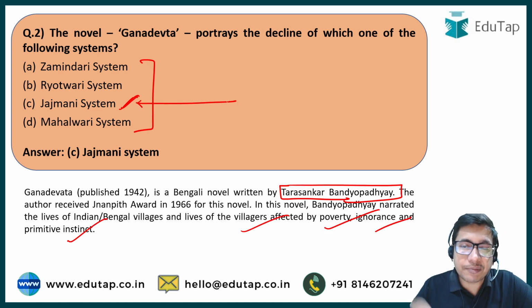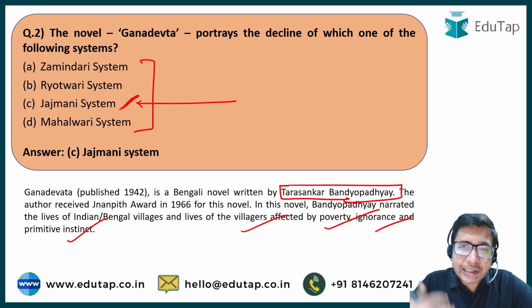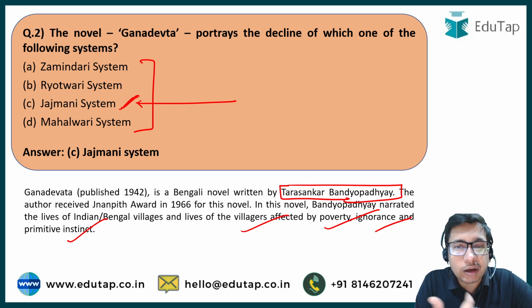What is the Jajmani system? In Indian rural villages, in older times, and even in present times in some villages, this kind of system is still in place. The different communities in a village are dependent on each other, okay? The communities engaged in manual work, for example artisans, a barber, a washerman, were delegated tasks which the so-called upper caste Hindus do not practice.